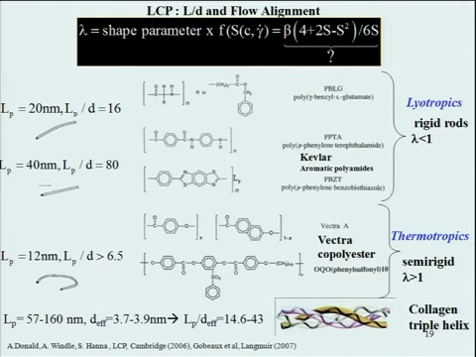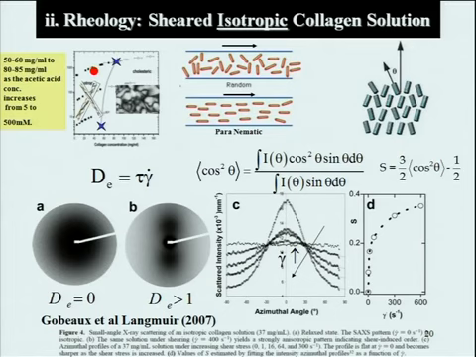So the key point is, for collagen triple helix, from thermodynamics we say that this L over D is 14 or much greater than 10, it belongs to this class of polymers and should behave like a Kevlar polymer. It should tumble in shear. So that's what is observed in the rheology of the isotropic phase.